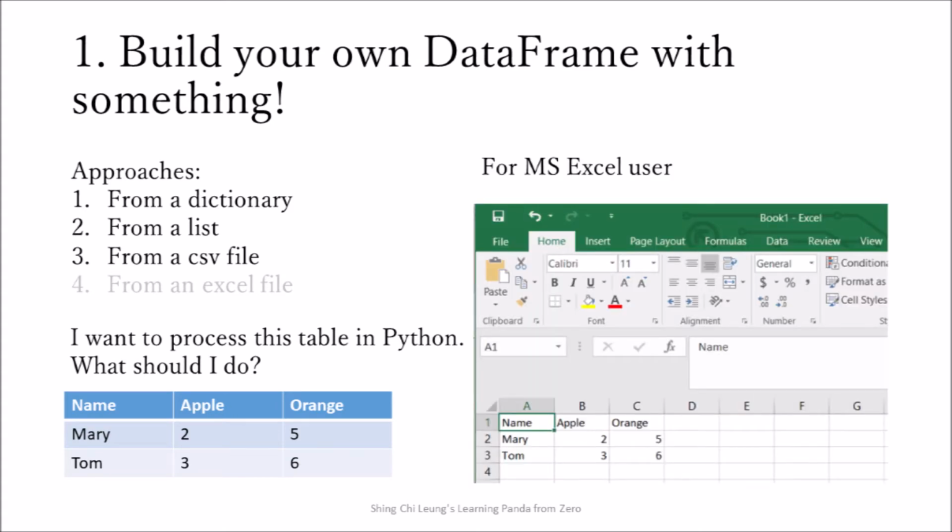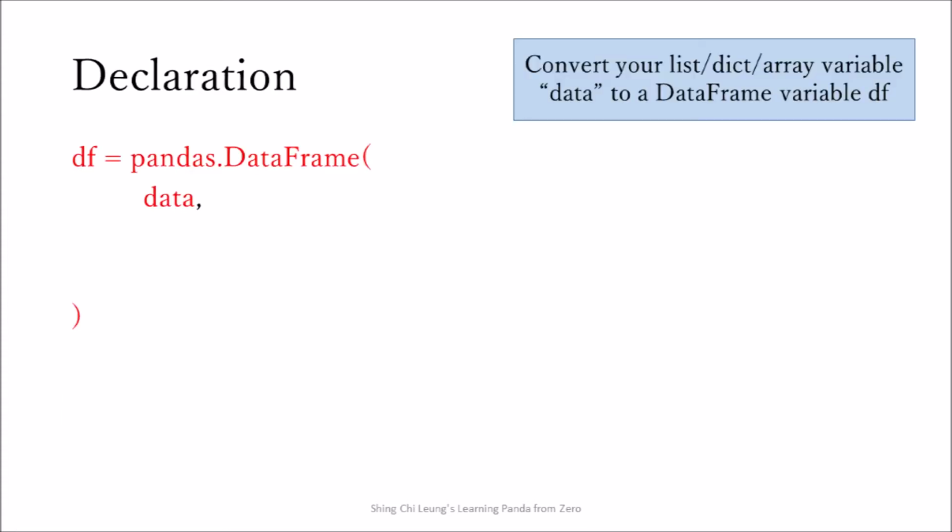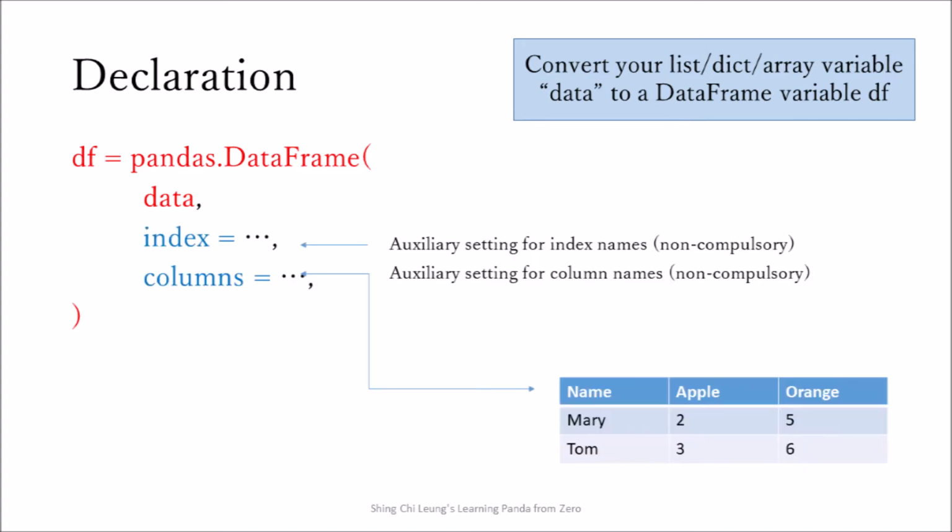If you are an Excel user, then very likely you will make a table like the screenshot I show on the slide. You enter the data one by one in each box. Then how about Pandas? When we create a data frame, we use the same command pandas.DataFrame. Then in the argument, we pass the table data we want to convert.